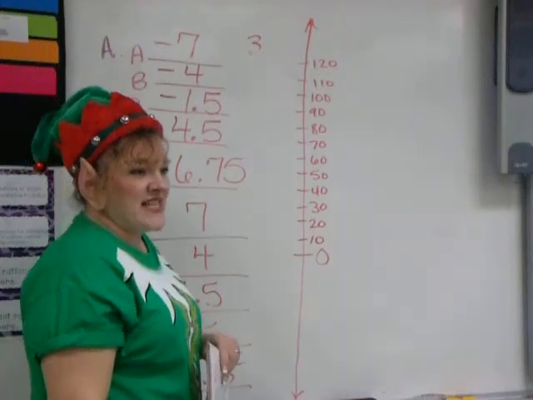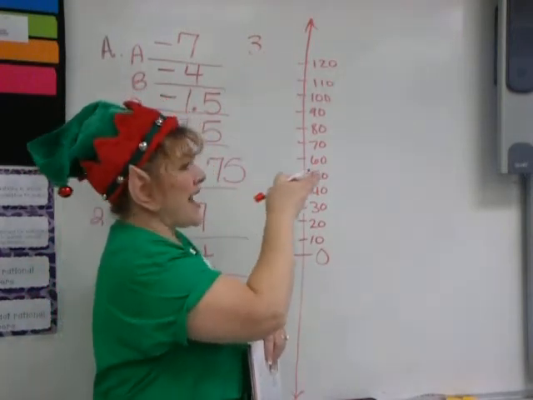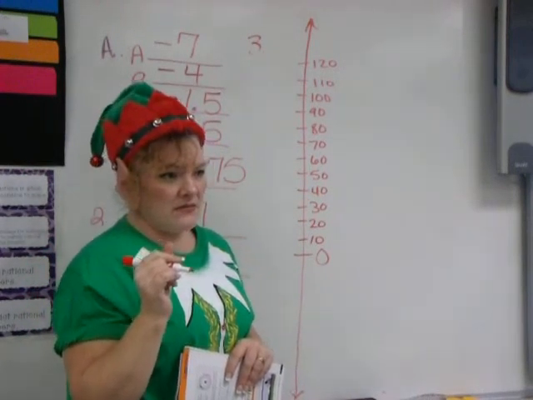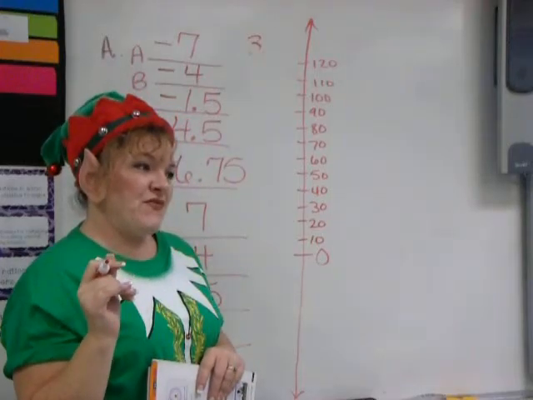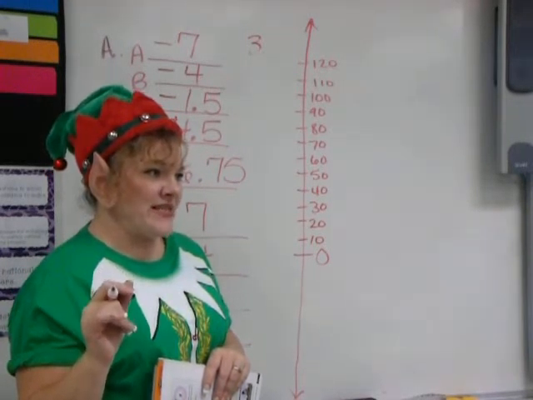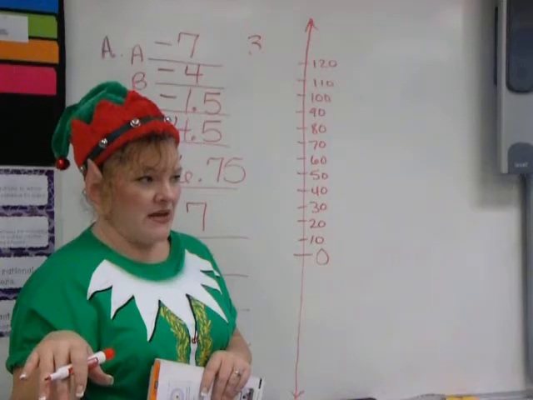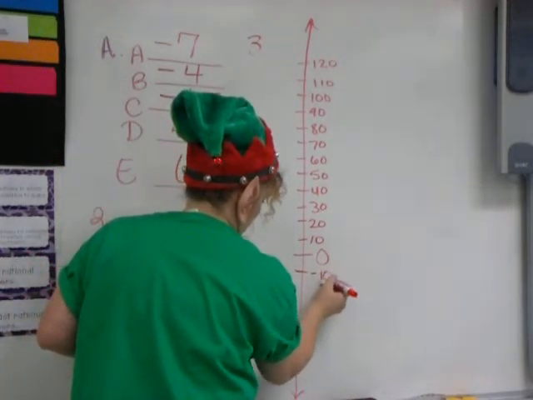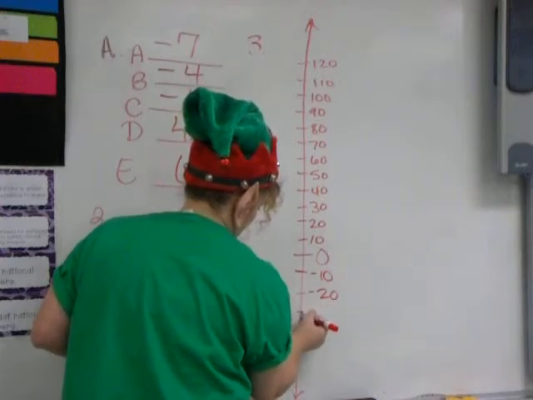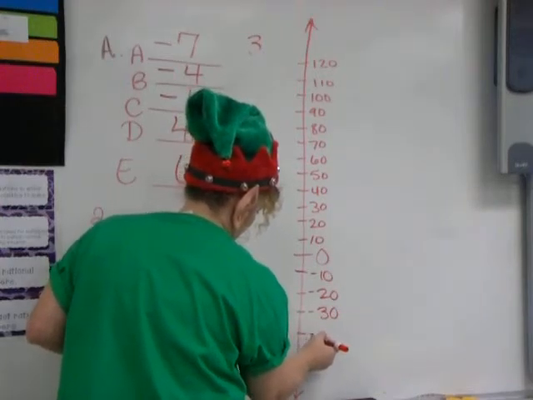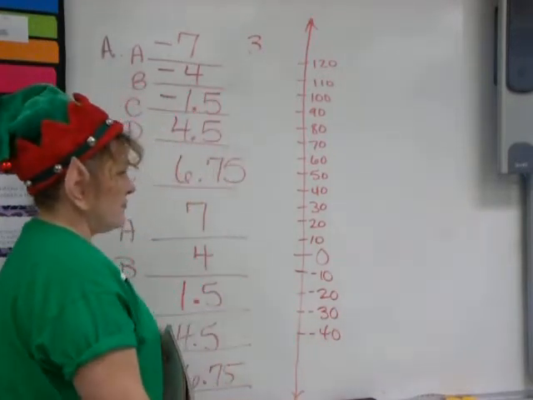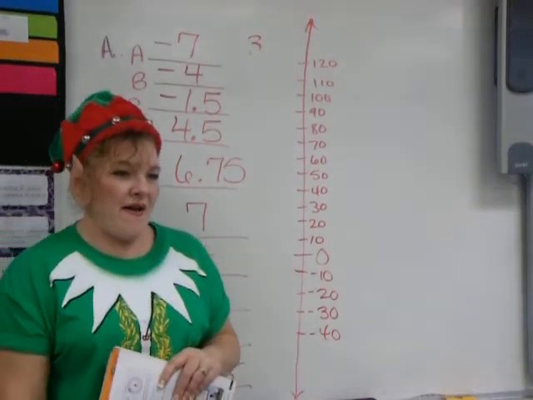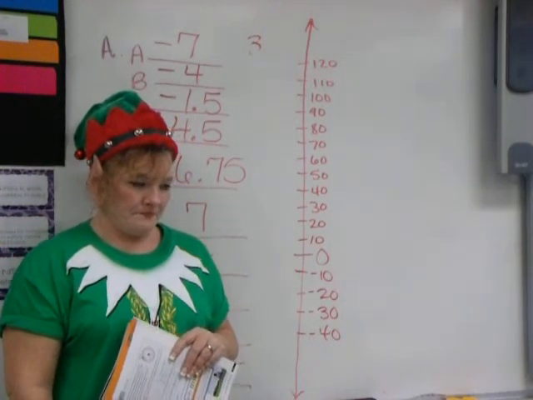Because 115 is my highest temperature, I can stop at 120. Because -32.7 is my lowest, I can stop at -40. It wanted you to draw a vertical number line.